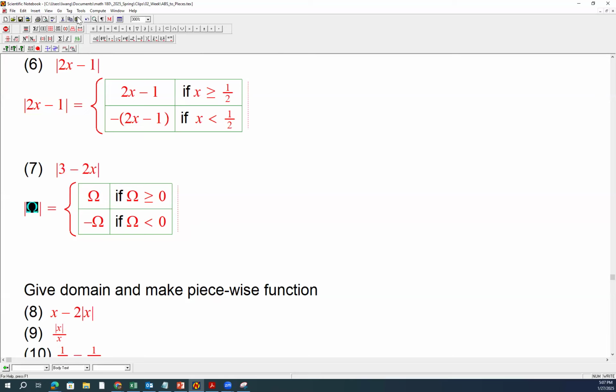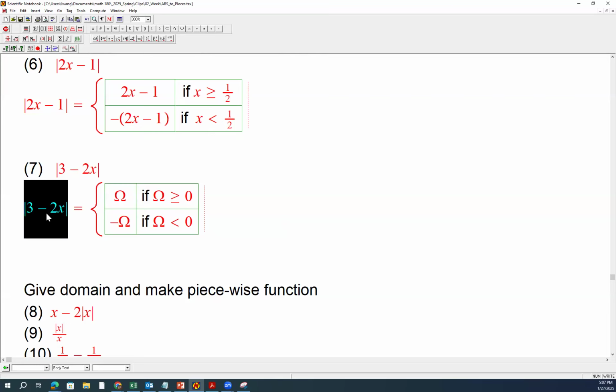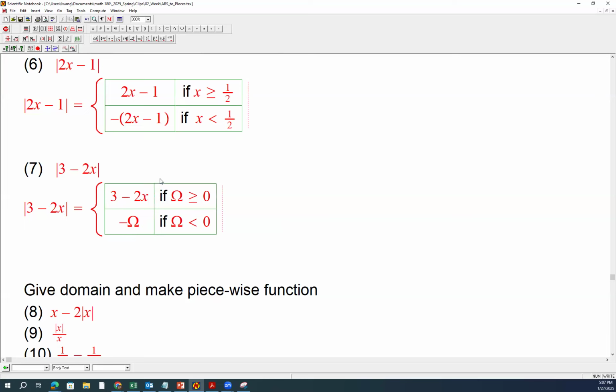So when omega equals 3 minus 2x, the absolute value of 3 minus 2x is the same as 3 minus 2x if 3 minus 2x is greater than or equal to 0. The absolute value of 3 minus 2x is its opposite if 3 minus 2x is negative.